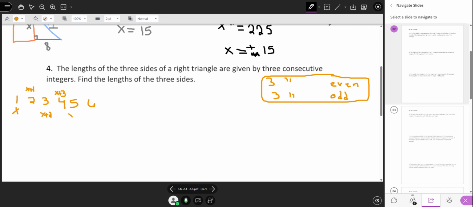If I add 4, I'm going to get 5. Okay? So if it says 3 consecutive integers, 1, 2, and 3 would be consecutive. So your 3 numbers would be x, x plus 1, x plus 2.